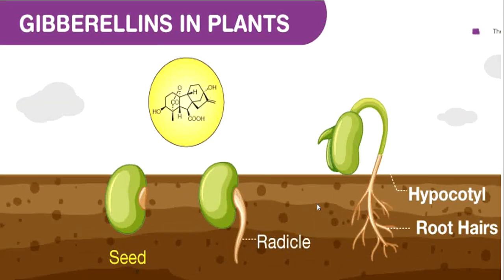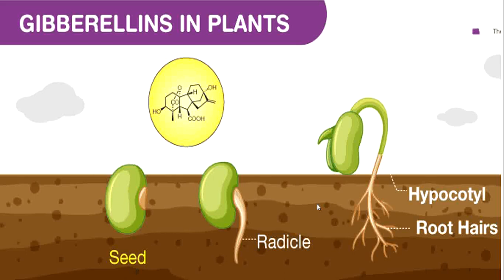Then we come to another hormone, which is called gibberellin. This hormone is responsible for rapid growth in areas of the plant such as roots and stems.